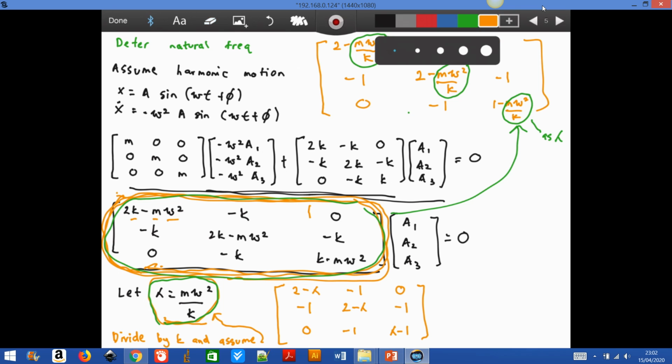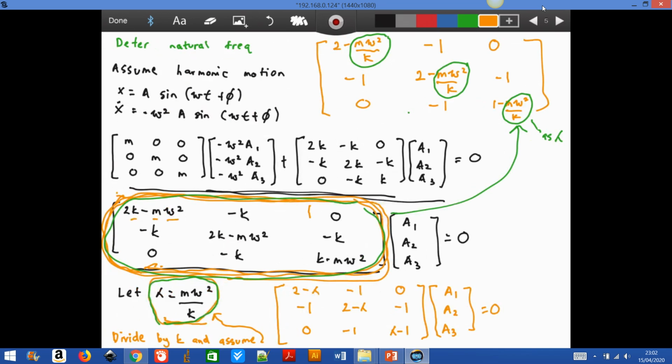Then it becomes a1, a2, a3 equals 0. And then from here we need to use Sarrus' rule in order to find the determinant in terms of lambda.